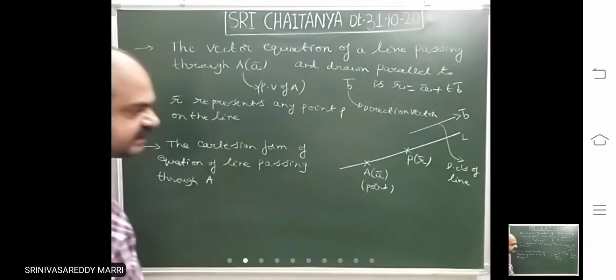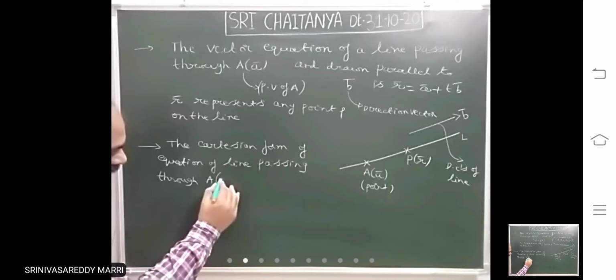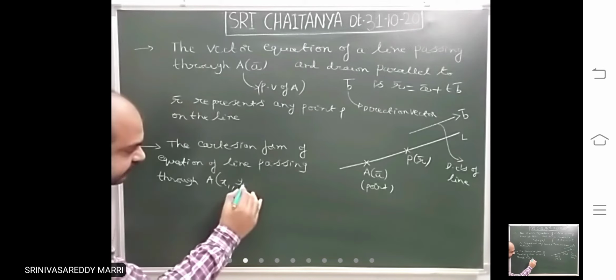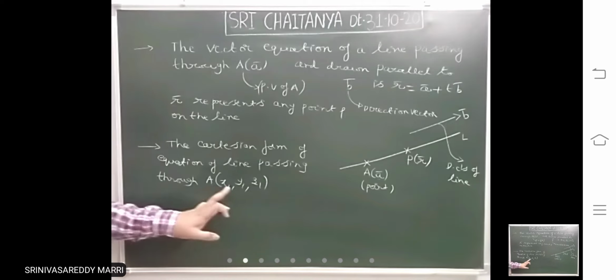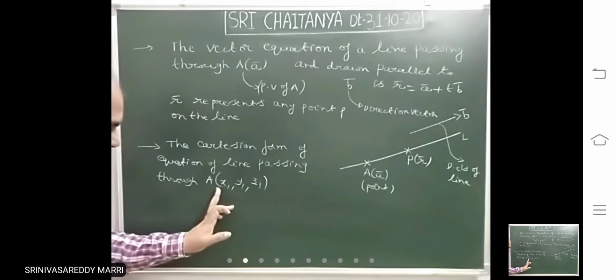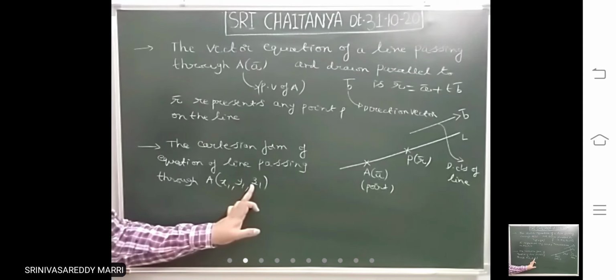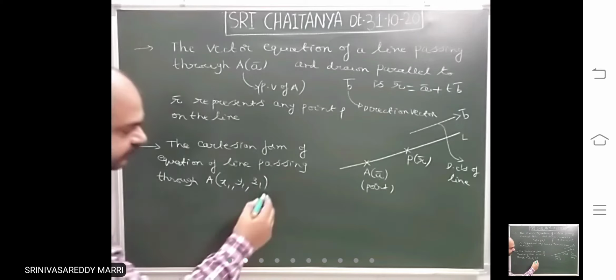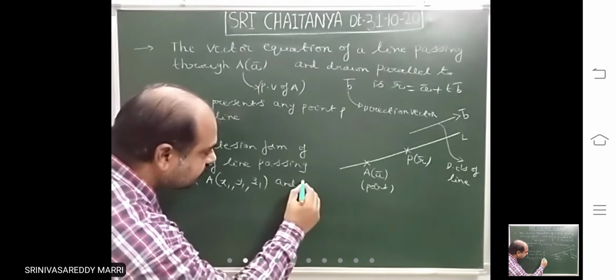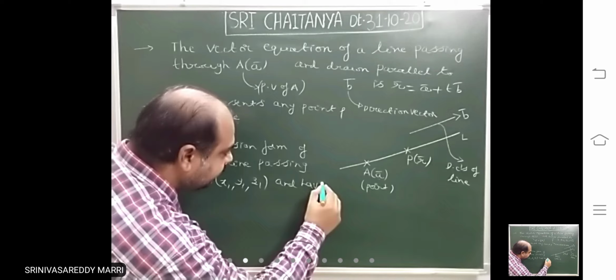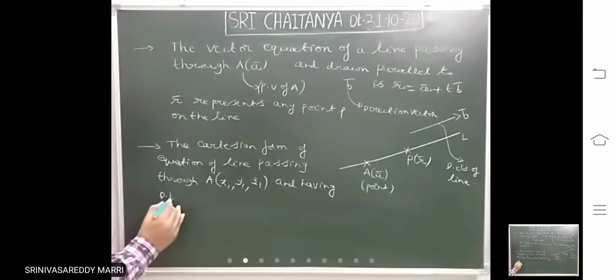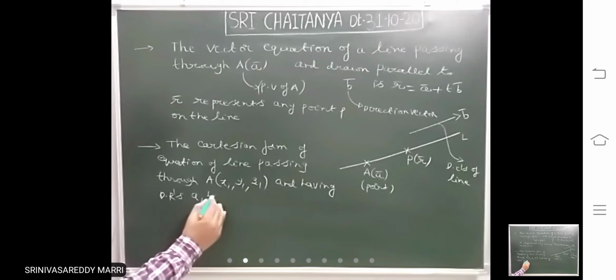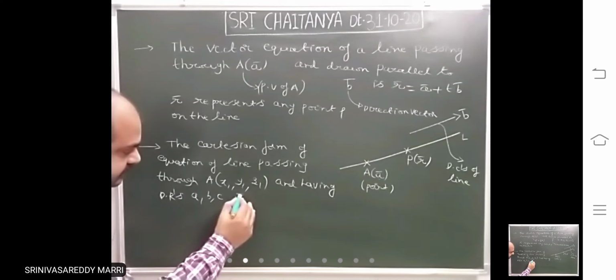Here vector language means position vector. Now in 3D, that position vector is nothing but a point. This A bar can be treated as x1, y1, z1, the position vector, and having DRs a, b, c.